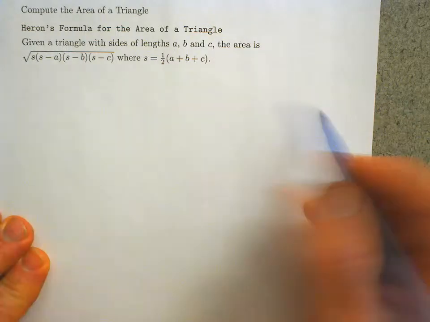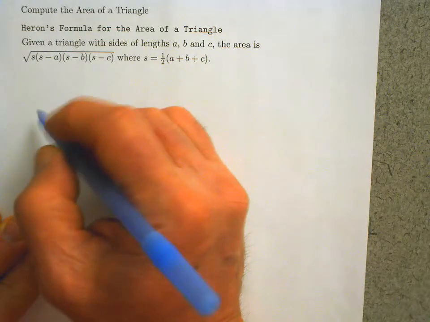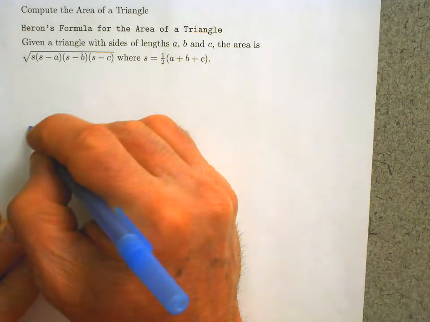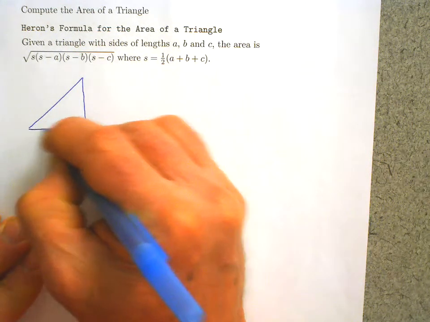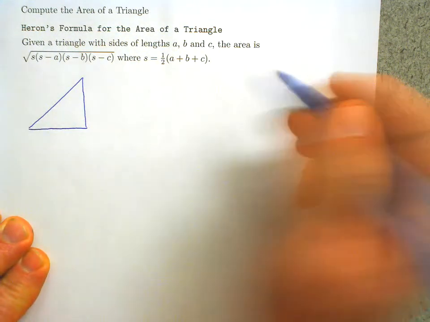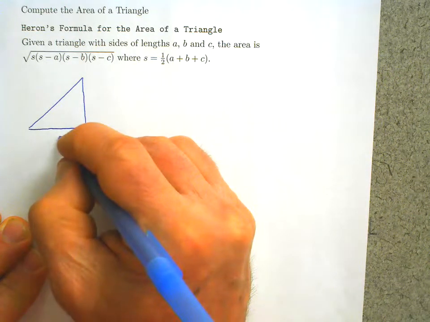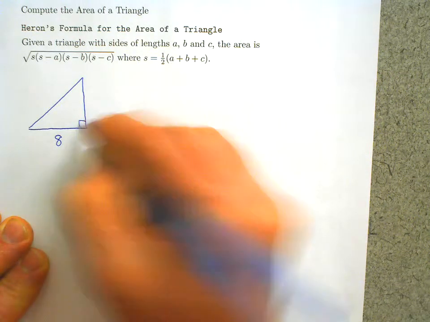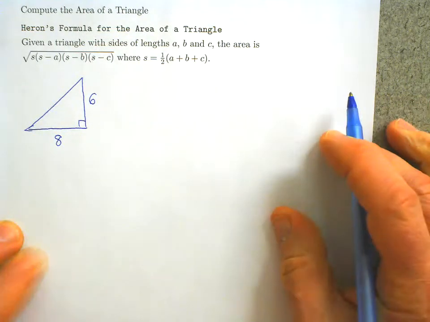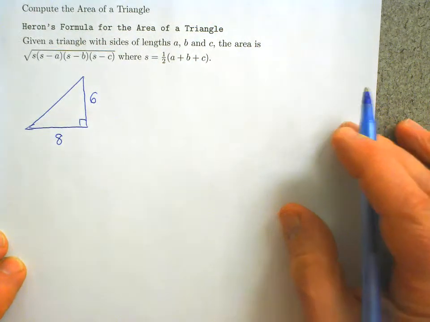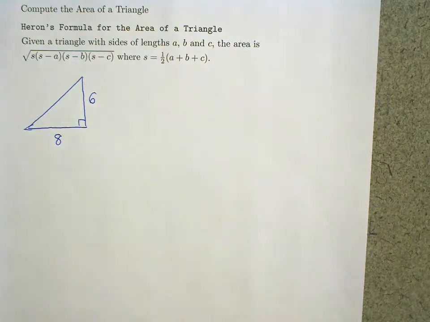We can try an example here of triangles that we know the area of. Suppose we have, let's just suppose this is a right triangle. So my drawing is not exactly to scale, but suppose the two legs are 8 and 6.